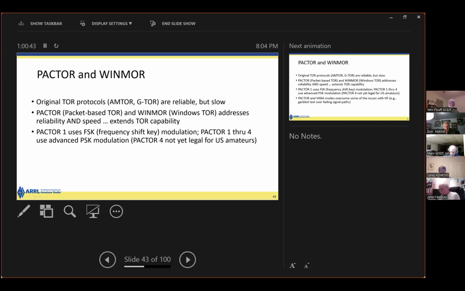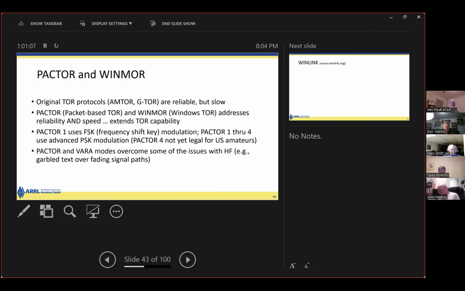PACTOR 1 uses frequency shift keying, and the more recent versions use PSK, and apparently PACTOR 4 goes too fast, so it's not legal, or uses too much bandwidth, one or the other, so it's not legal yet in the US.